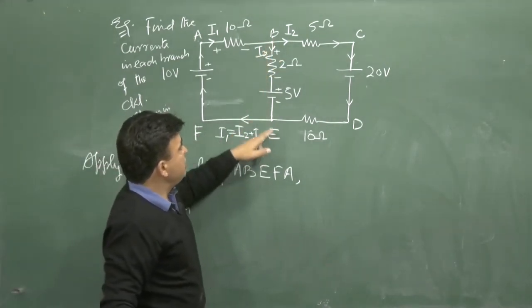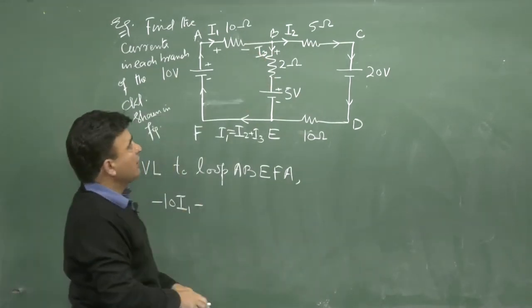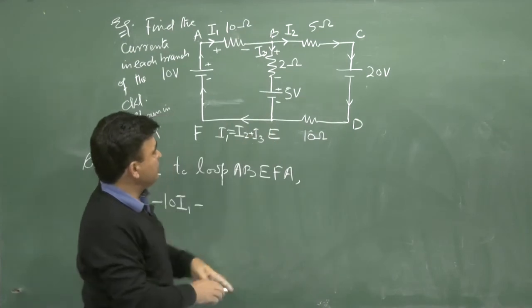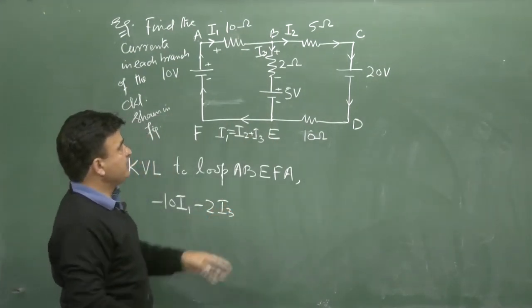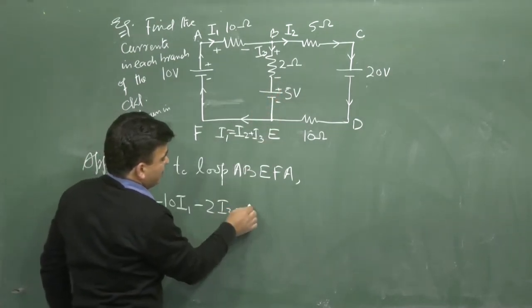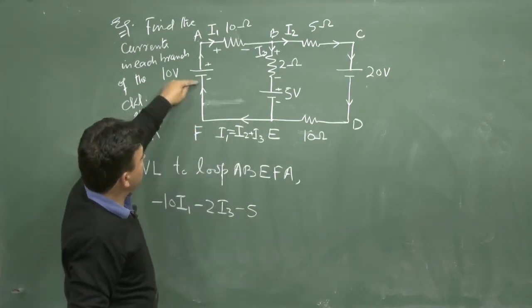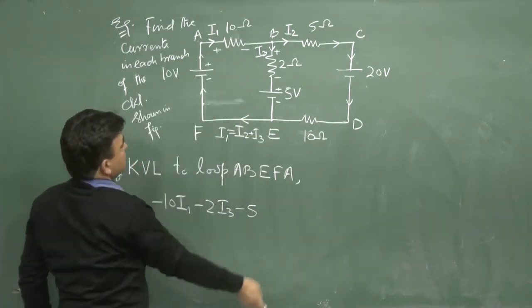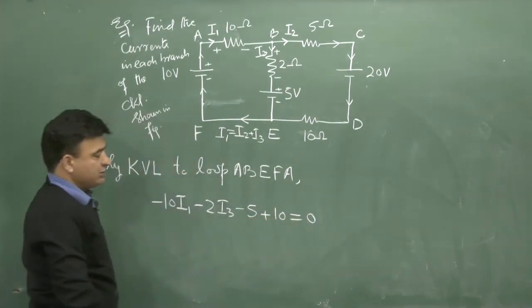Again from B to E, plus to minus, minus 2 into I3. Then plus to minus, minus 5 volt. Here there is no element connected. Now here it is minus to plus, plus 10 volt. Again we have reached A, so it is equal to 0.